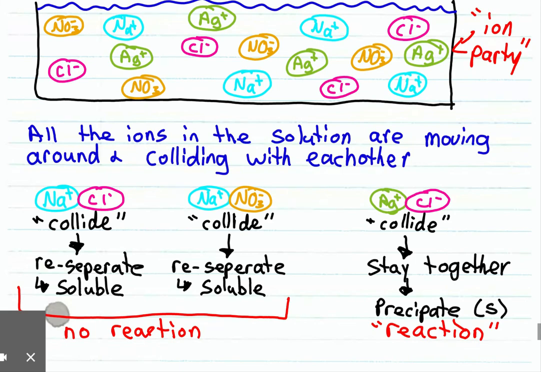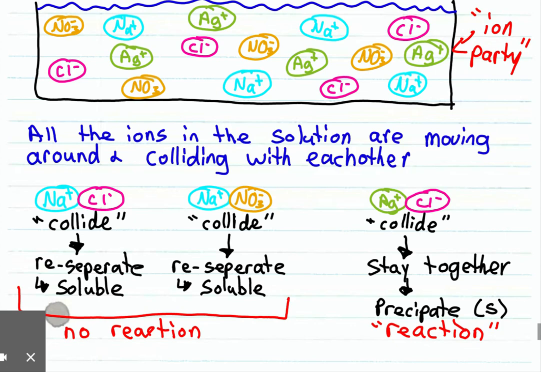But then the silver ion happens to collide with the chlorine ion. And they hit it off. They like each other, okay? And in fact, they stay together. They stay together because silver and chlorine are insoluble and they're going to form a precipitate.